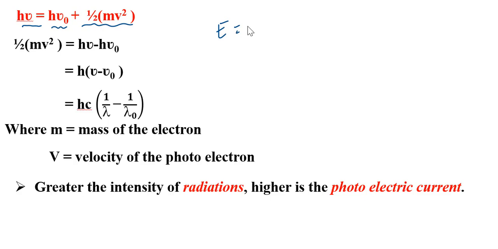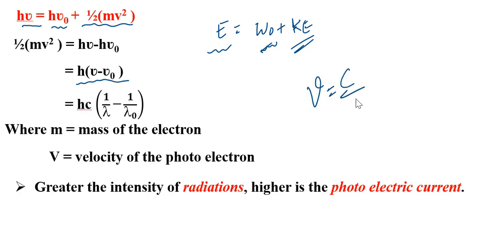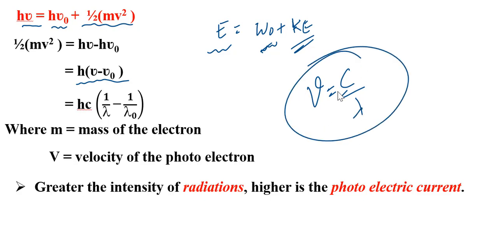What we wrote there: h nu equals W naught plus K. So K means half mv square, W naught means h nu naught, and E equals h nu. After substituting those values, you can take the common h: nu minus nu naught. Then nu equals c by lambda. In the last class we discussed frequency equals light velocity by wavelength.